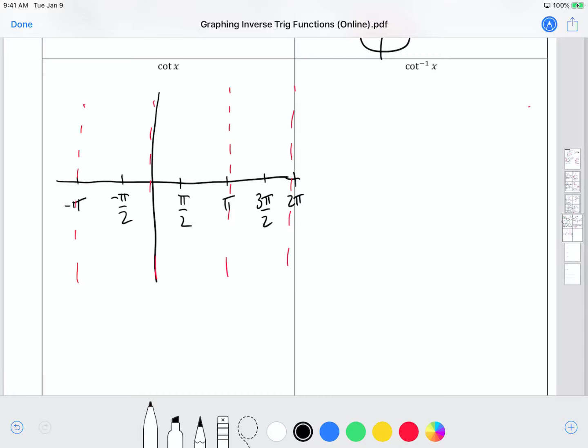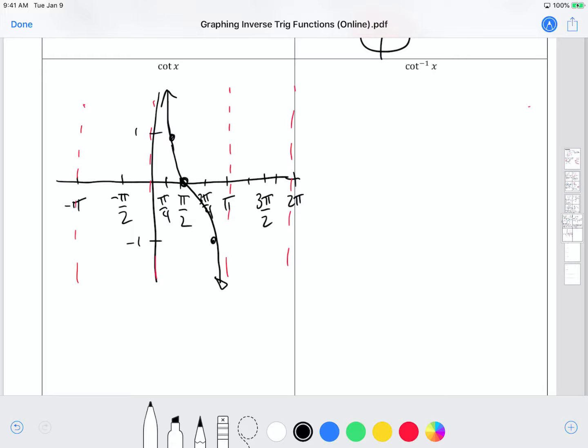And then at pi over 4, we're going to have 1, and then at 3 pi over 4, we're going to have the point -1. So it comes up like this. At pi over 2, it's 0. And then it comes down on the other side.